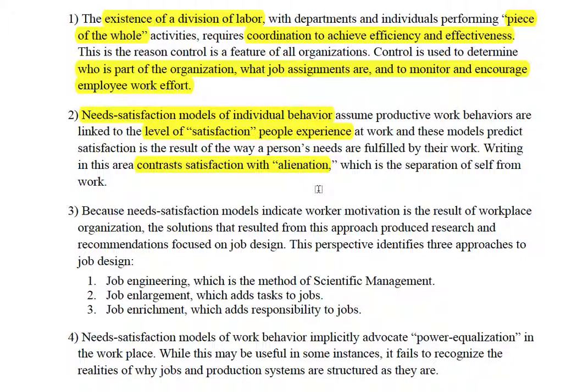The need satisfaction model basically says that the only way people can be motivated is by changes in their work circumstances, so there's this whole focus on job design. As we talked about in class, we can't really change a person's particular needs.